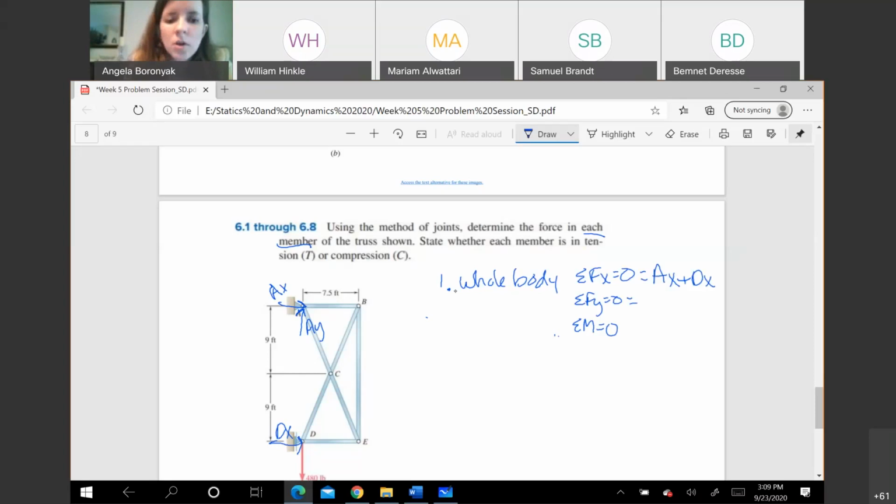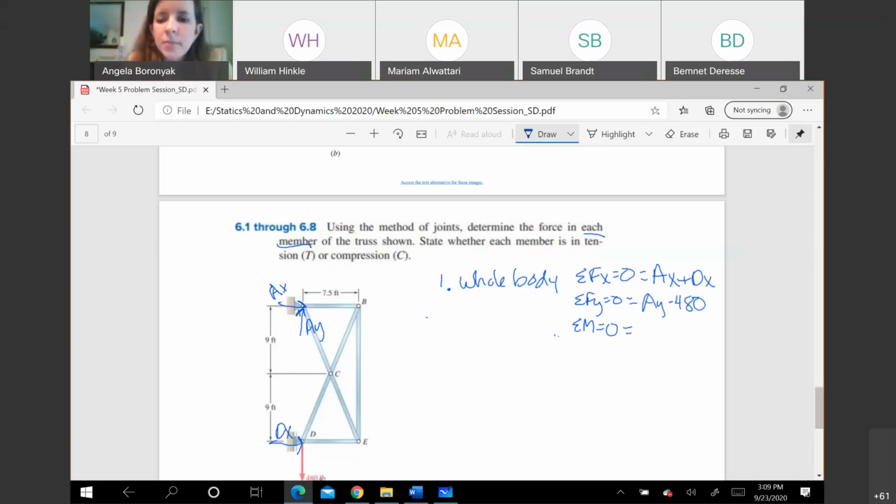What are my y forces that are going to equal 0? Ay minus 480 because that force is going down, negative.